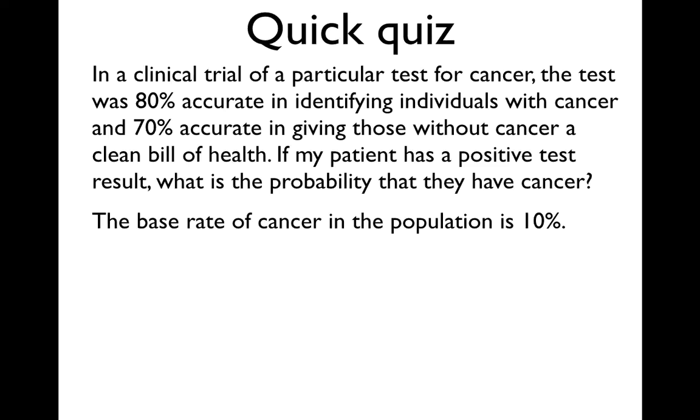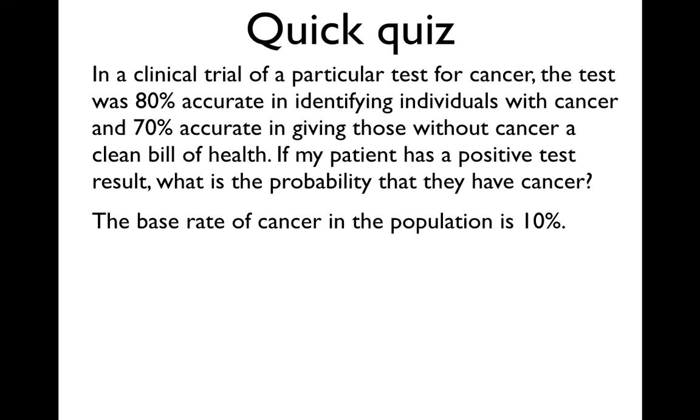Because you can think of the general rate of things happening in the population as your prior information. Before you even saw that person with their test, if you were to randomly grab a person in the population, what would your guess be for the likelihood that they have that disease? You'd want this piece of information to make that guess.